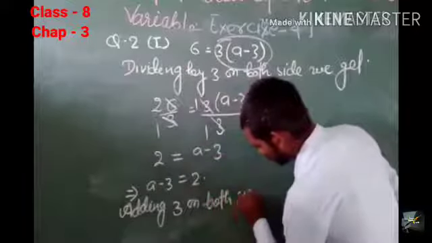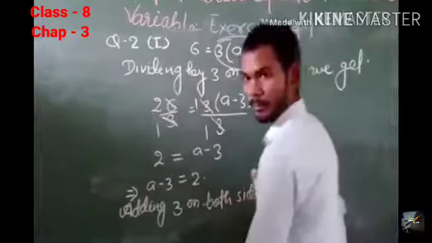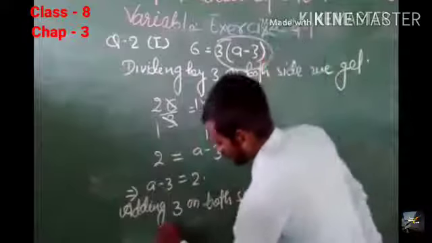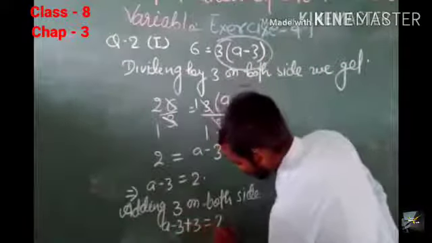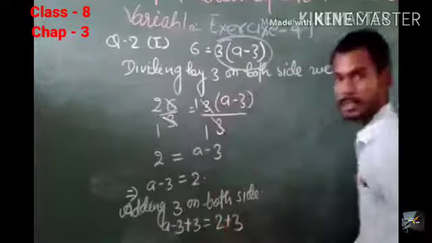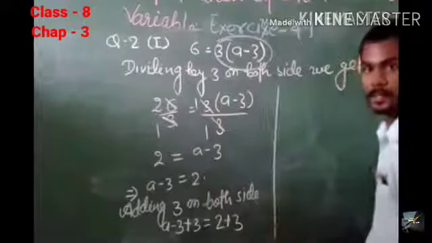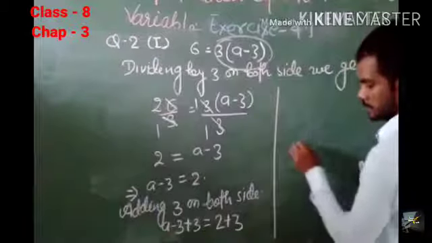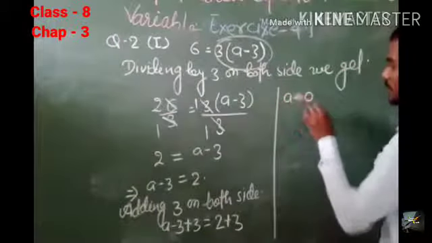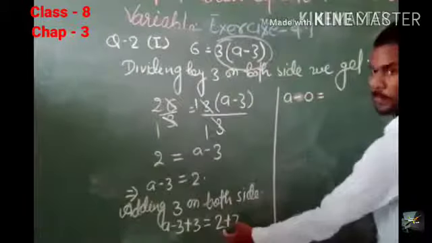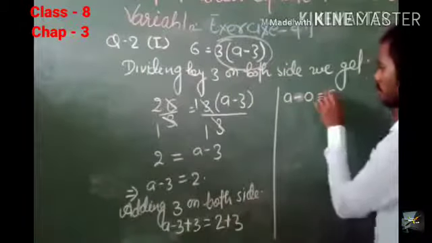Adding 3 on both sides, we get a minus 3 plus 3 is equal to 2 plus 3. We get a plus 0 is equal to 2 plus 3, which is 5.